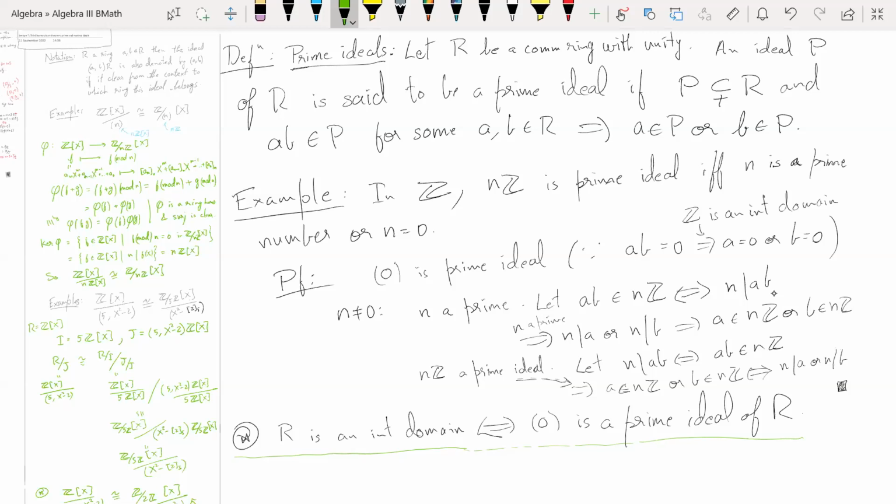So this statement is equivalent to a belongs to nZ or b belongs to nZ. So if n is a prime number, then this tells us that nZ is a prime ideal.